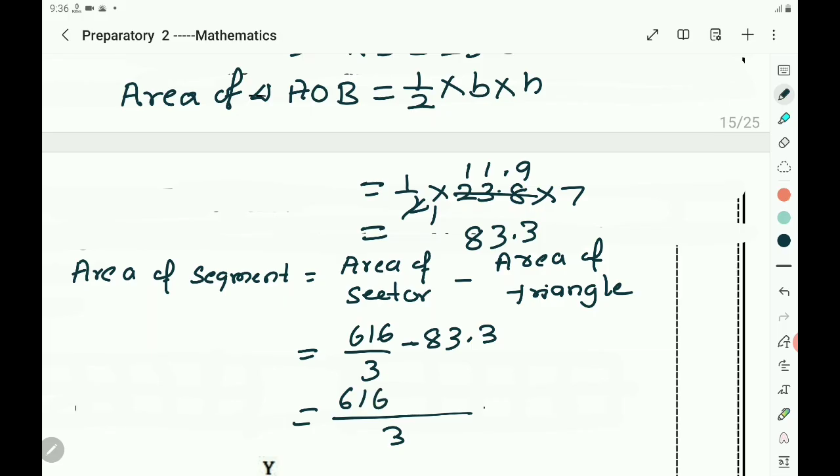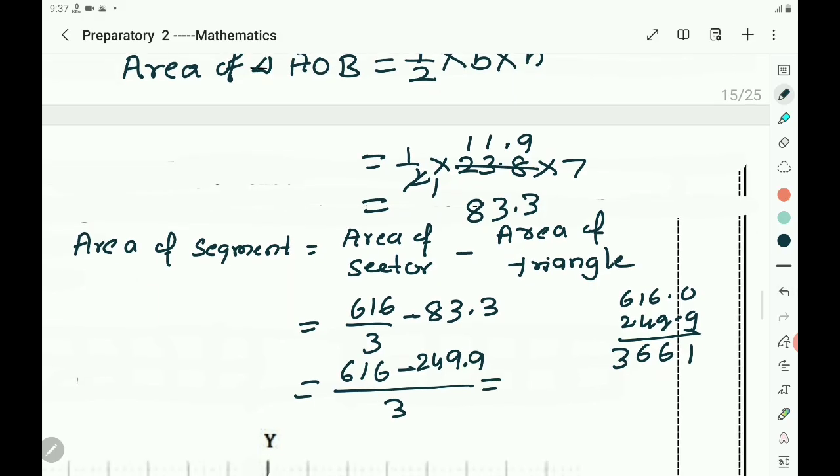Write 616 as it is, minus multiply 83.3 by 3, that is 249.9. 616 minus 249.9 gives 366.1. So 366.1 by 3 cm square. That is the area of the segment APB.